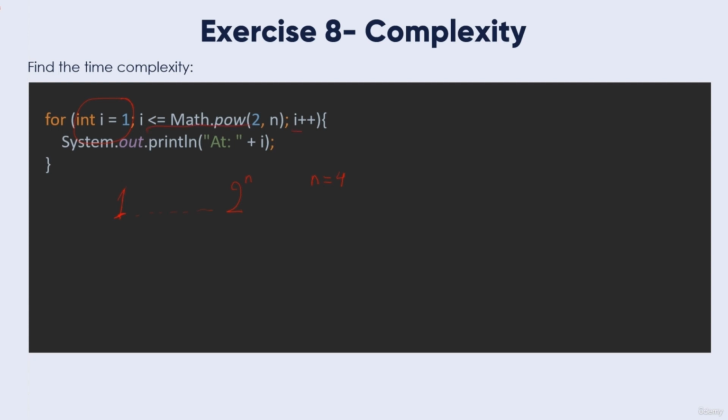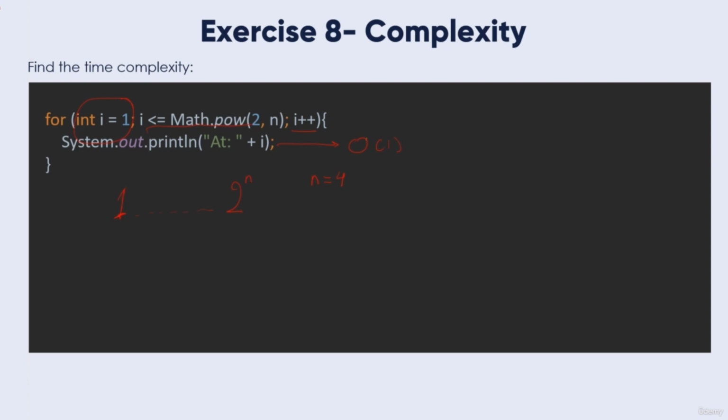I told you the increment is i plus plus. So all the elements from 1 till 2 to the power n are going to be passed through this loop. Okay? We have here O of 1. It is very simple. So this is a constant O of 1.